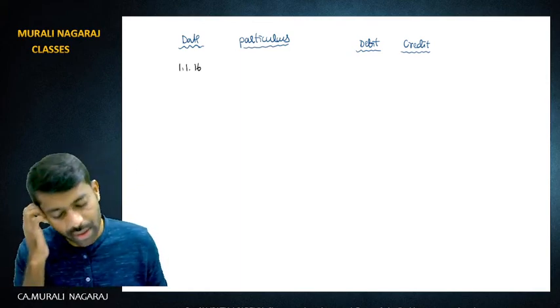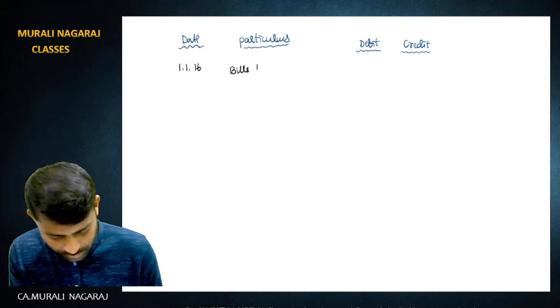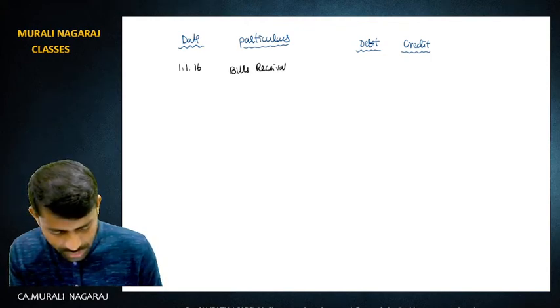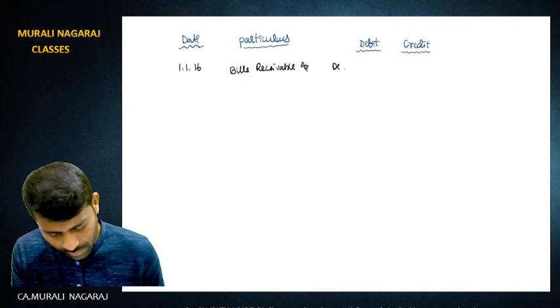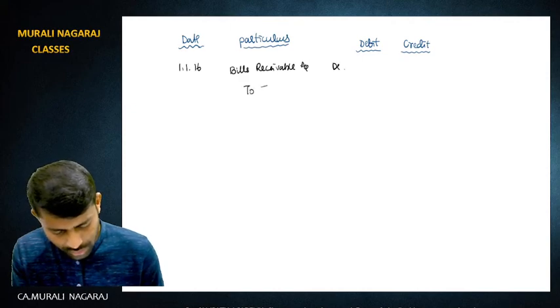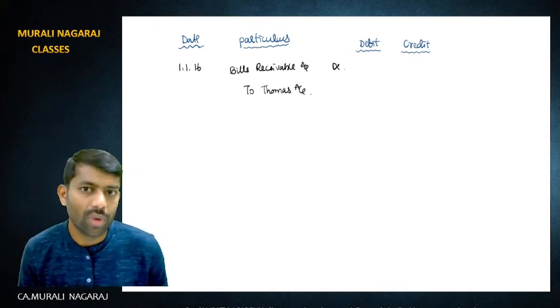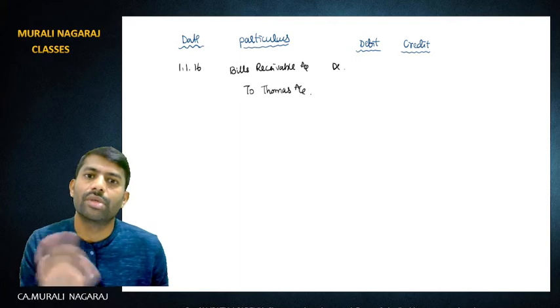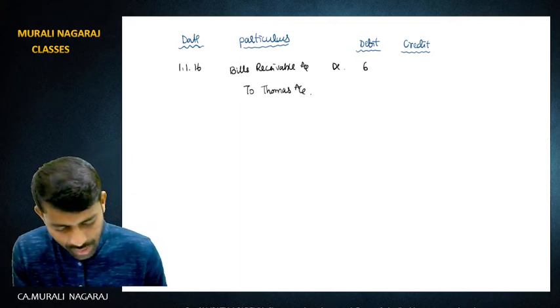Bills receivable account will be created now. So the entry is: Bills receivable account debit to Thomas account, 6,000. Correct? I could create it as only one entry, but I don't want to, because here there is a 6,000 bill and a 10,000 bill. Therefore, I will pass two entries here.